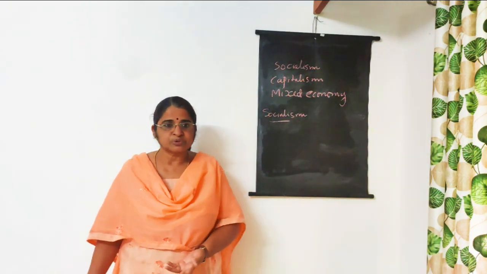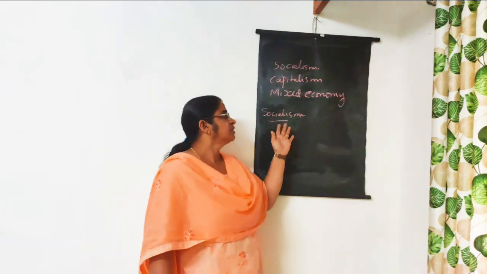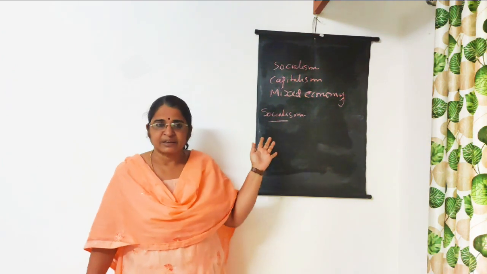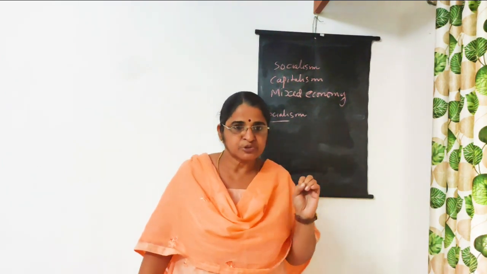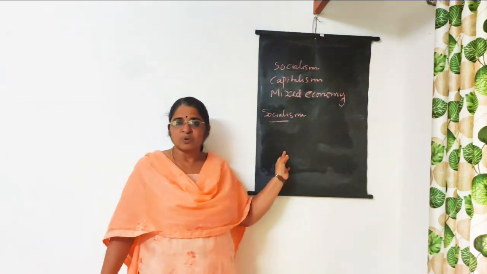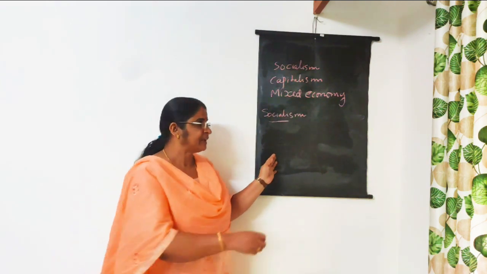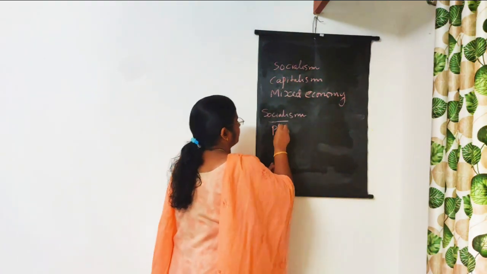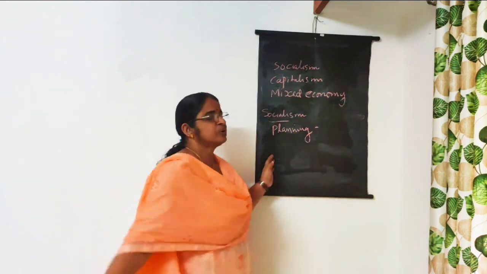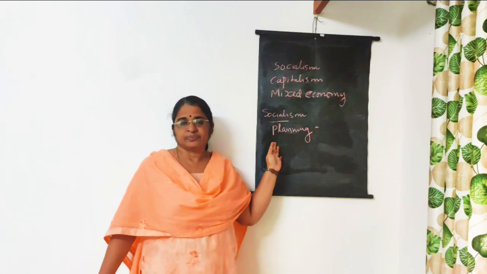For whom to produce, how to produce, all these problems are solved with the help of the planning mechanism. The government is supreme and these problems are solved by the planning authority. So there exists the planning mechanism.